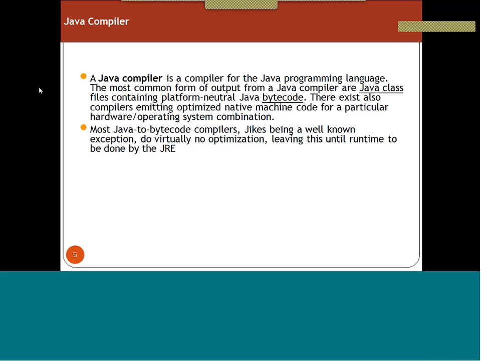So I'll just show you how many compilers we have available in today's environment. These are the major Java compilers available. Basically, a Java compiler compiles programs written in Java. So javac is the compiler provided by the JDK of Sun Microsystems, which is now Oracle Corporation.